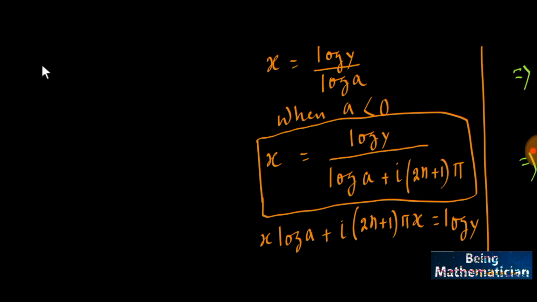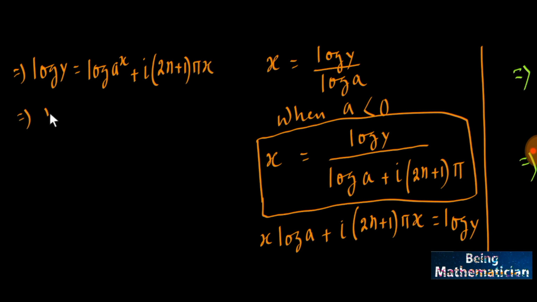Now, log y is equal to log a to the power x plus i into (2n plus 1) into pi x. Therefore, y equal to e to the power (log a to the power x, base e) into e to the power i (2n plus 1) into pi x.